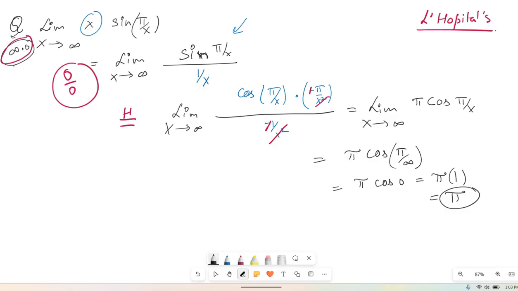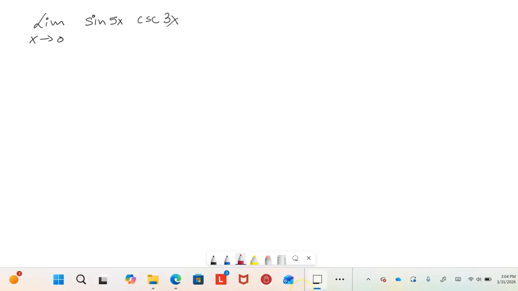Whenever we have 1 over infinity, that should be equal to 0. So that is your example of using L'Hopital's rule when the indeterminate form is of infinity times 0.